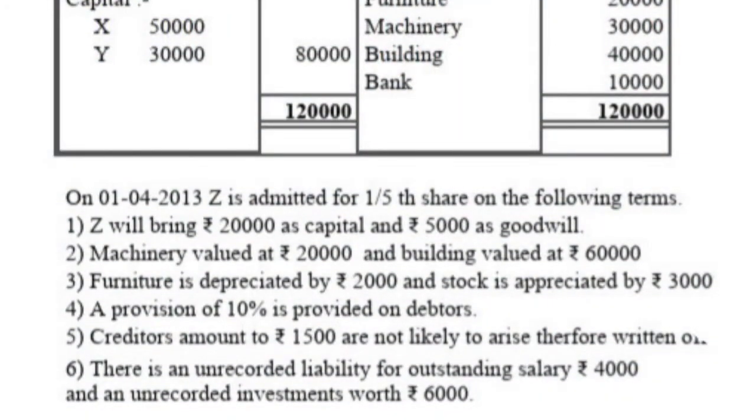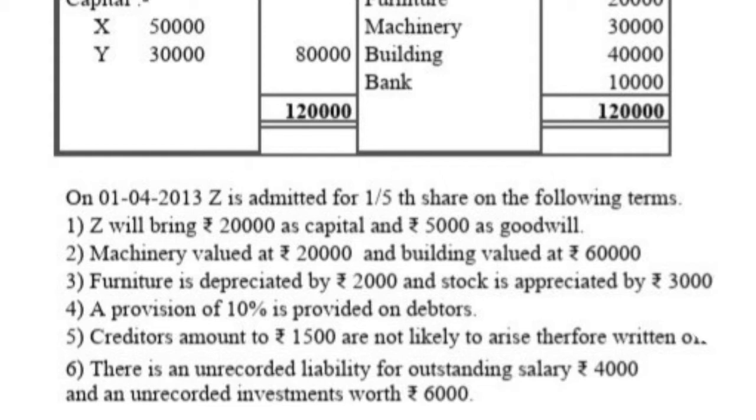Next, stock is appreciated by 3000. Here also the word by. After the word by, the amount is the profit or loss. Here stock is appreciated. Appreciated means increased. Increased means we have a profit. The actual book value is 13,000 and now the value of stock is increased by 3000. So the book value 13,000 plus profit 3000, the stock value is 16,000.